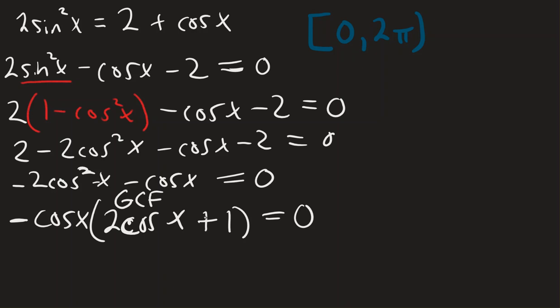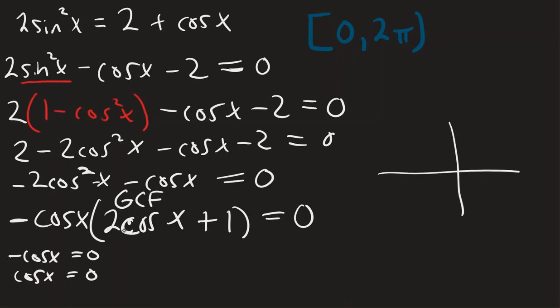Because now, this times this equals 0, so that could be where this equals 0. So where cosine x equals 0. And where this equals 0. Subtract 1, divide the 2.